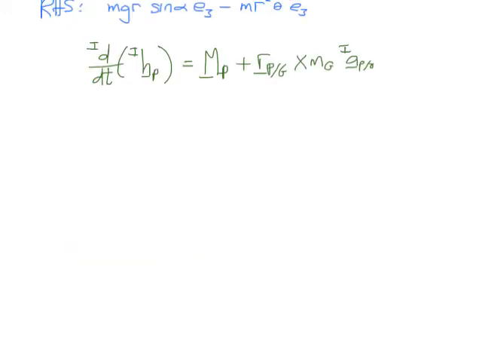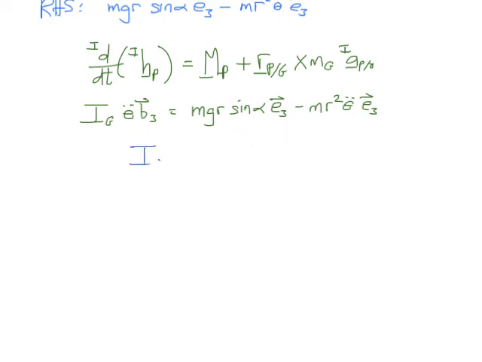So now we have expressions both for the left-hand side and the right-hand side. Let's put them together. We insert our left-hand side and our right-hand side, and we can make some substitutions. We know that for a disk, the moment of inertia about the center of mass is 1/2 mr squared. And also, as we've defined our basis vectors in these reference frames, B3 is equal to E3.